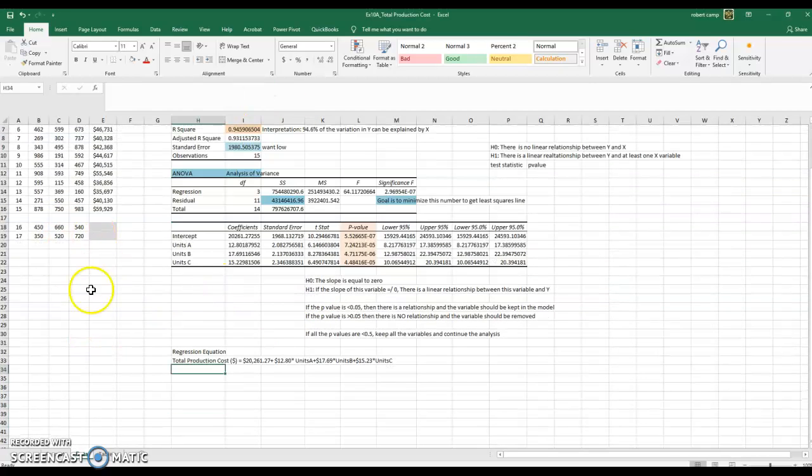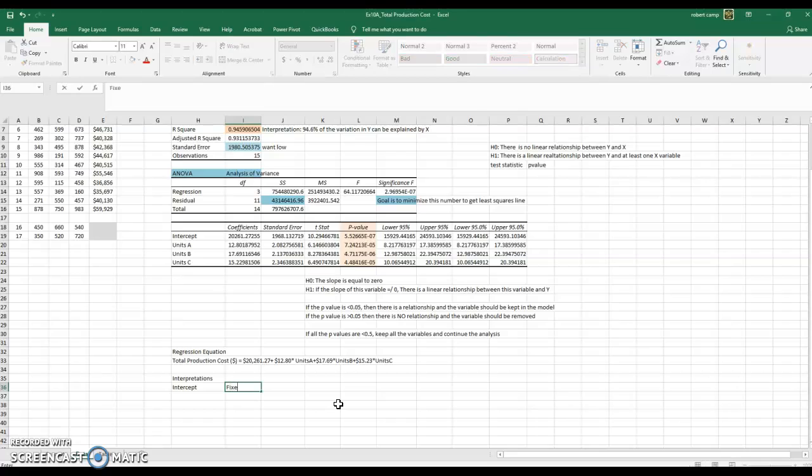We're going to use that here in a second to solve this. But let's talk about the interpretation first. So the intercept is the total production cost when we produce no units of A, B, or C. So in this case, because we're talking about a factory and we're talking about costs and units being supplied, that intercept is going to be equivalent to our fixed cost.